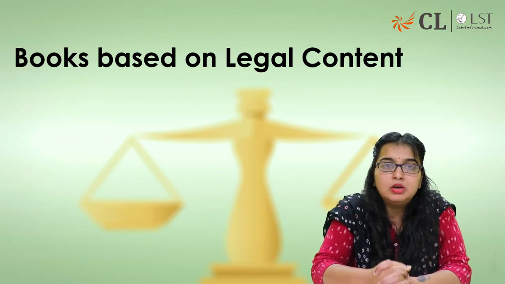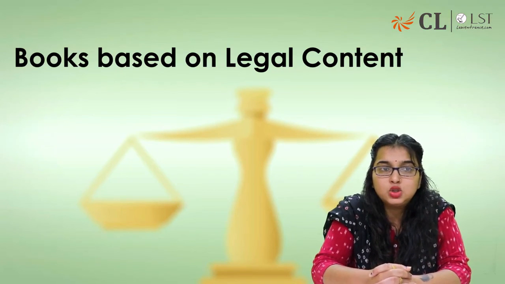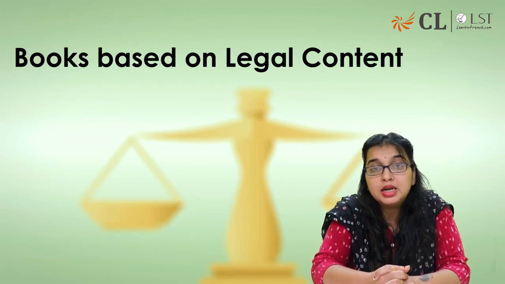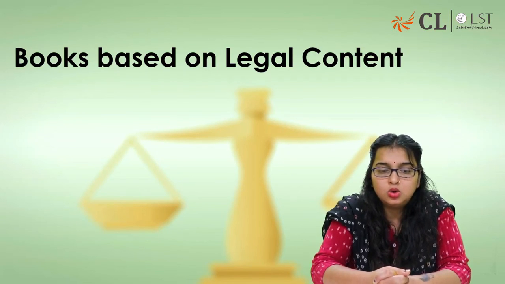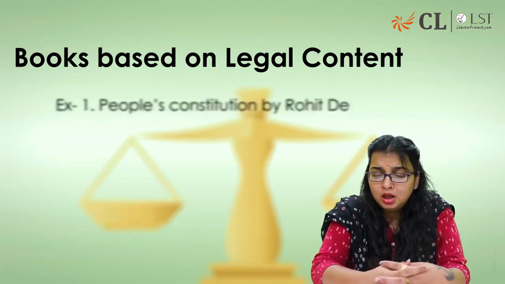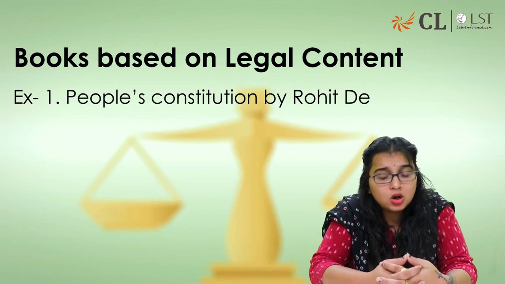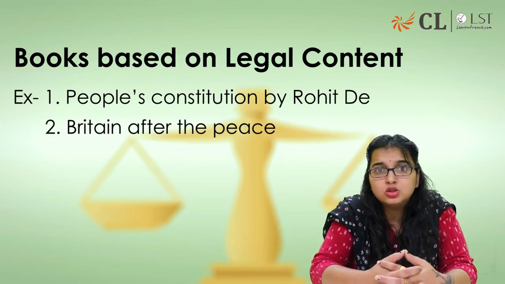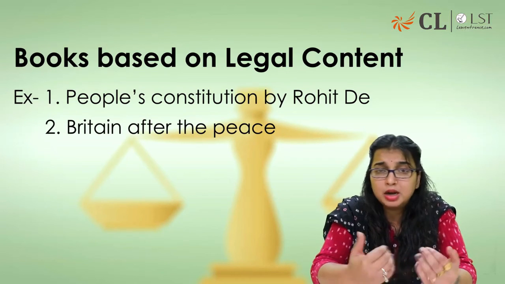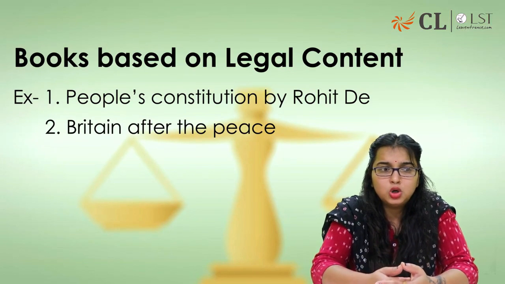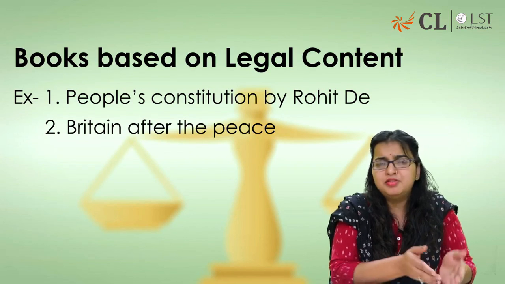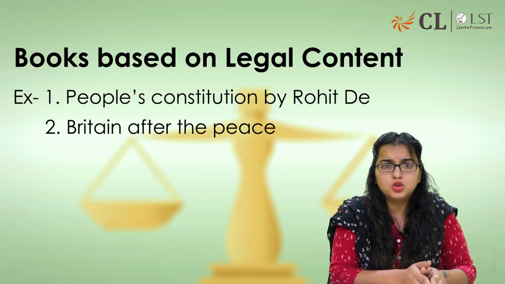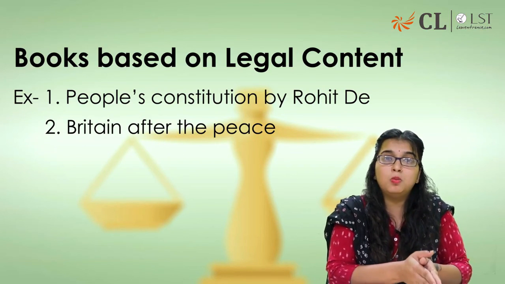Not just that, but it will also help you to practice and improve your reading speed and comprehension ability. So for example, you may read People's Constitution by Rohit De, or Britain After Peace. These are some books you can pick up and read, which will not only help you to be aware about what a passage would consist of, but may also help you to improve your speed and ability.